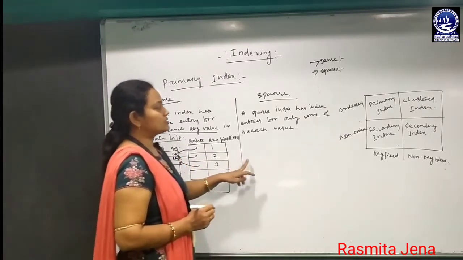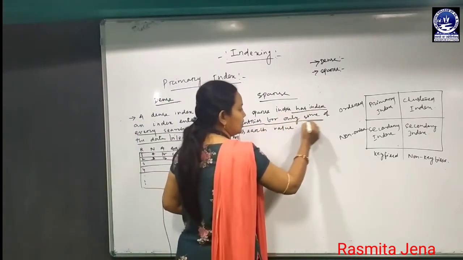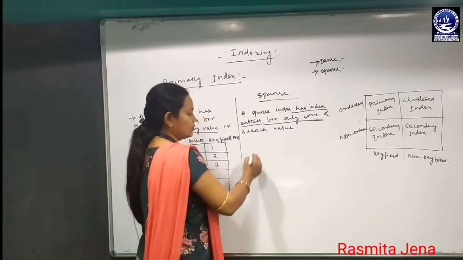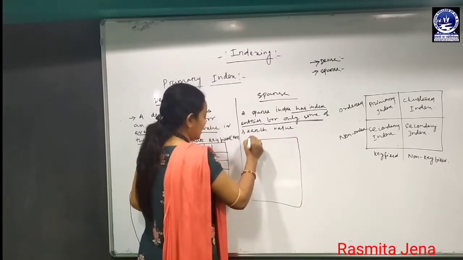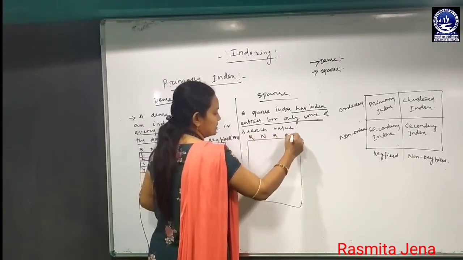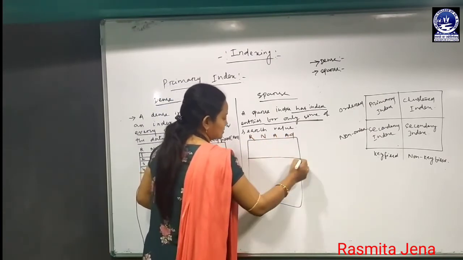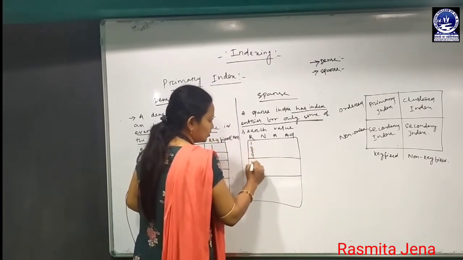And what is sparse index? In case of sparse index, it has index entries for only some of the search key values. Suppose this is our hard disk containing data: roll, name, age and address, and this is the block, and we know that in the hard disk data are present block-wise.